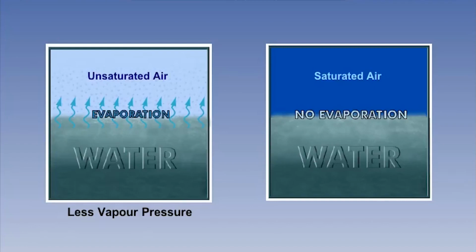If we left this box alone for long enough, water will have evaporated from the water surface for the air to become saturated. At this point, evaporation will stop, and the vapour pressure will also cease to rise. This maximum value of the vapour pressure occurs at saturation, and is called, unsurprisingly, the saturation vapour pressure.